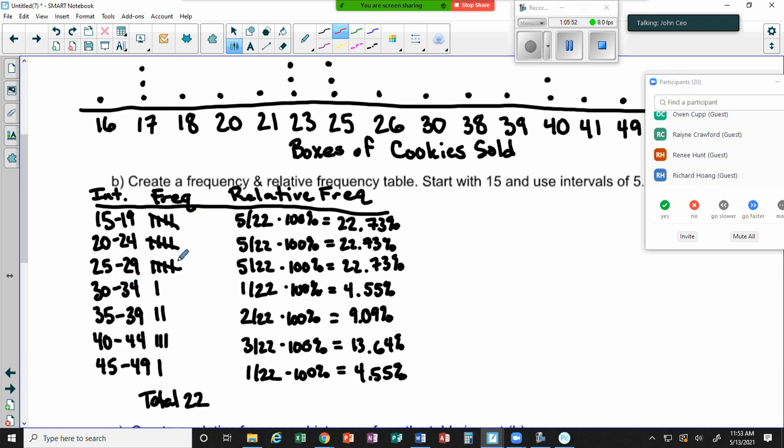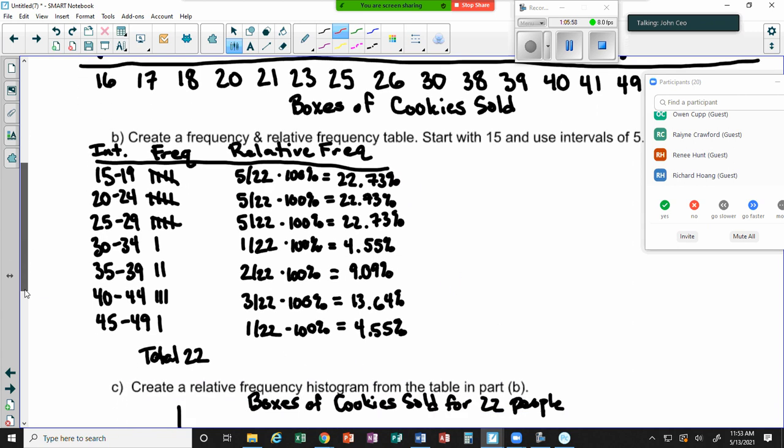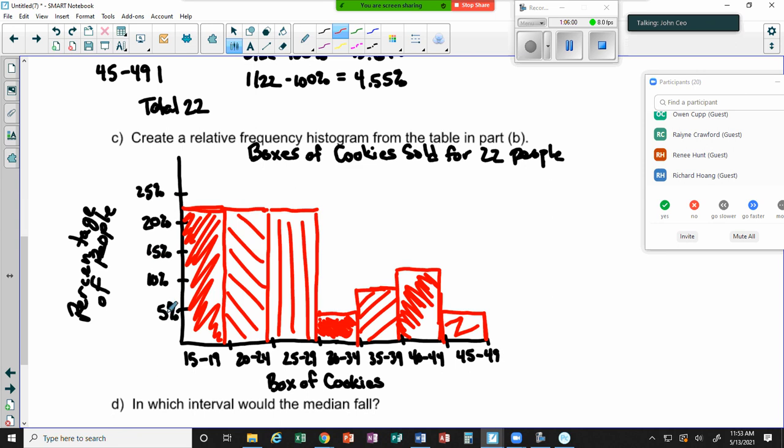A frequency table is just the number. A relative frequency table is the percentage. Same thing for our histograms. A histogram would be just the number up here, versus a relative frequency histogram, which is the percentage. Everybody know the difference when to give which one, depending upon what they ask for? Make sure you read what they're asking for.